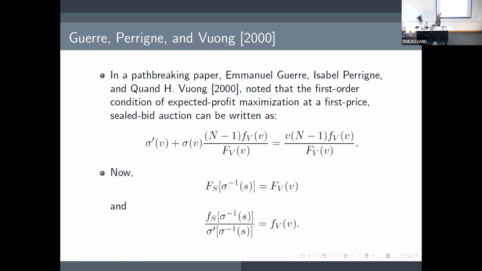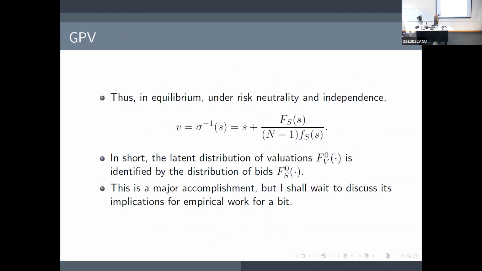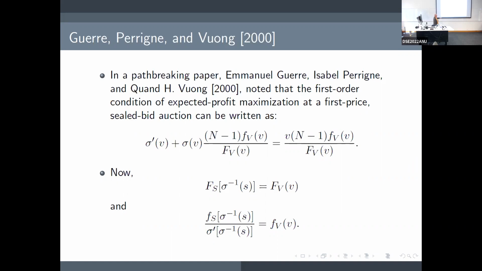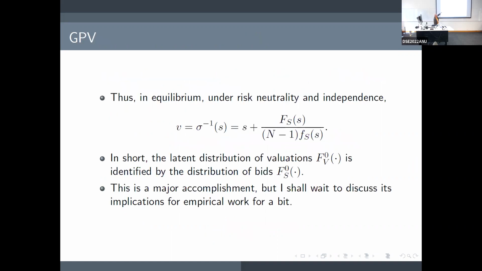So we know that this is true because that's the first order condition of the auction. We know that this is true by that picture. And we know this is true by the delta method. And so what you can do is, if you manipulate these little creatures here, you can show that V is equal to S plus big F of S over N minus 1 times little f of S. And why is that interesting?